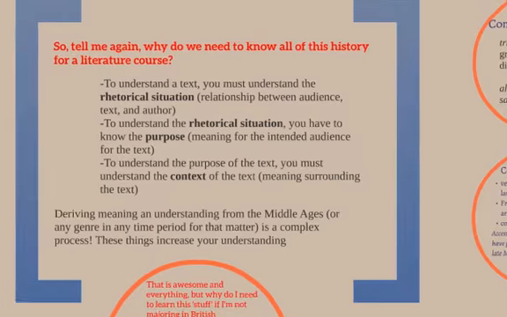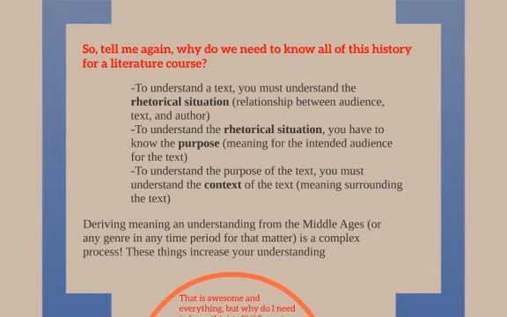Okay, so what you might be saying at this point is, tell me again why we need to know all this history if this is a literature course. Well, to understand a text, you need to understand the rhetorical situation. Just to refresh your memory, the rhetorical situation is the relationship between audience, text, and author.